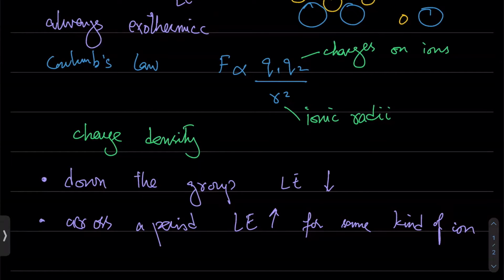So charge is going to decrease, but at the same time, the size is also going to decrease. So that is why for anions, it becomes a little tricky. Okay, but for cations, the idea is simple. Across a period, the charge is going to increase, the size is going to decrease, lattice enthalpy will be higher because charge density is higher.